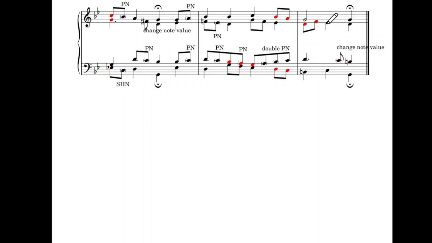The final bar, we have a D to F, which is prompted by the question. That is to delay the chord tone E flat over here. And also at the end, you can change the note value to a dotted crotchet, then delay the C as a passing note. All right, let's listen to the sound of these two versions.